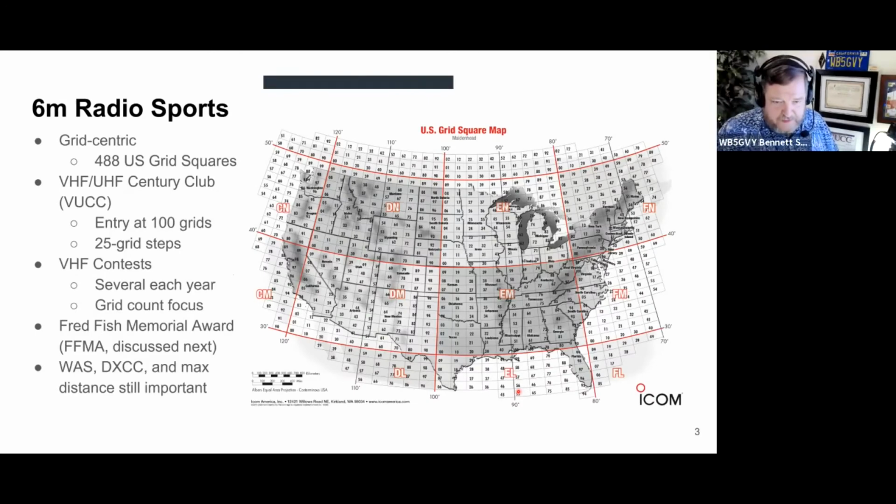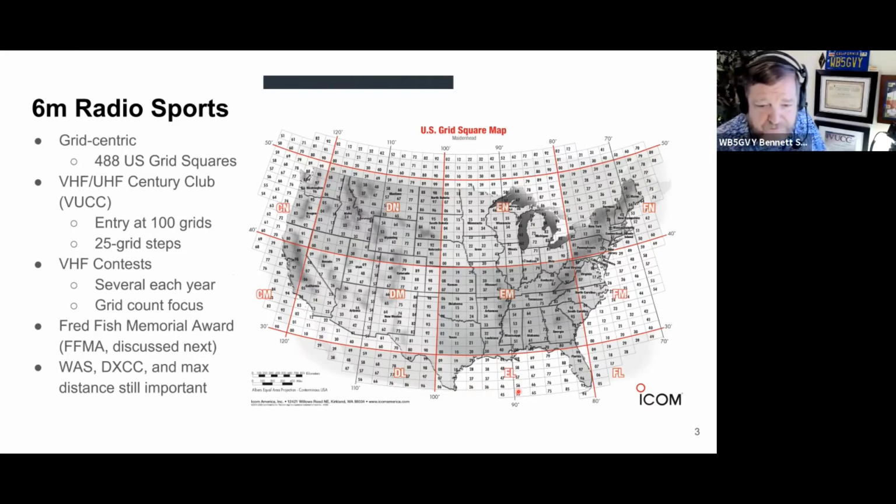So 6-meter radio sport is, as I mentioned, grid-centric. On this map of the United States, there are considered to be 488 grid squares. There are some details to that, but we're going to gloss over that for the moment.